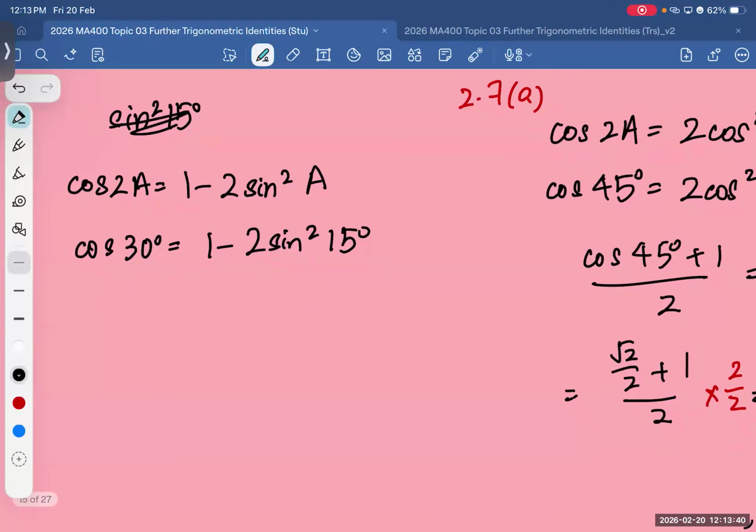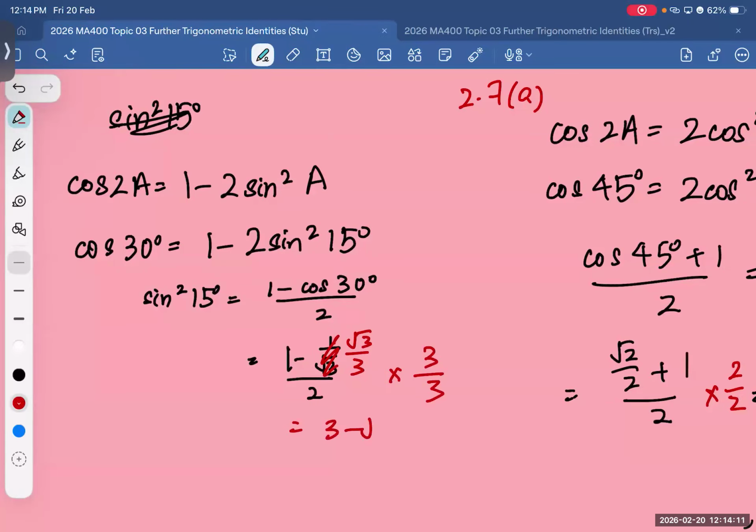If I maneuver around, sine square 15 is basically 1 minus cos 30 divided by 2. What is cos 30? Cos 30 is 1 over square root 3, divided by 2. You can put this as square root 3 over 3 also. Multiply by 3 over 3, the answer is 3 minus square root 3 over 6.